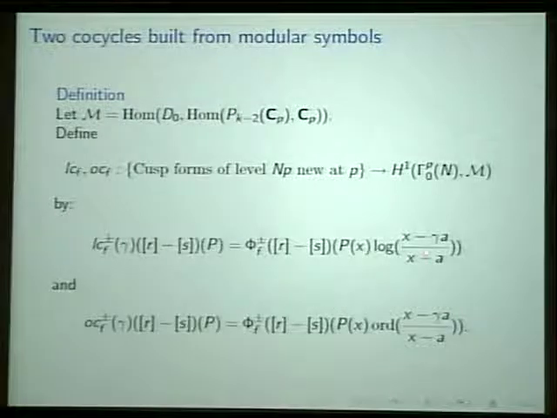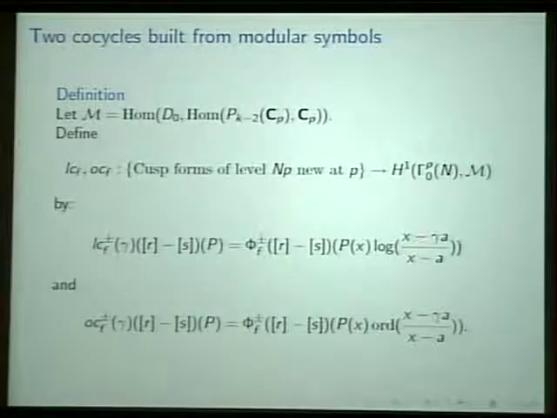I should have said here, A is just some random point in the p-adic upper half plane. So this integral makes sense. It gives you a p-adic number for all this data. And if you work through all the group actions, this turns out to be a 1-cocycle.